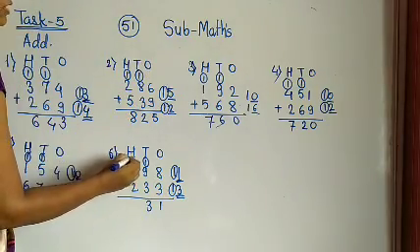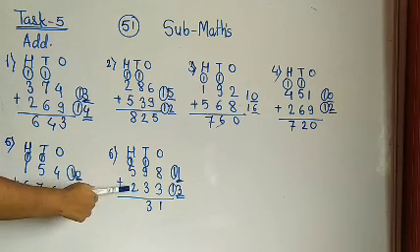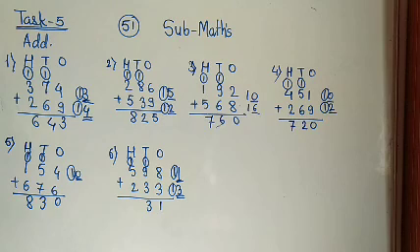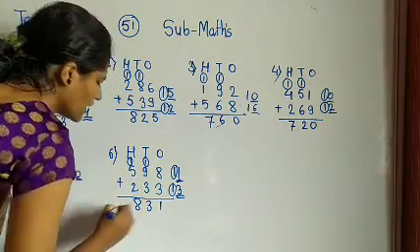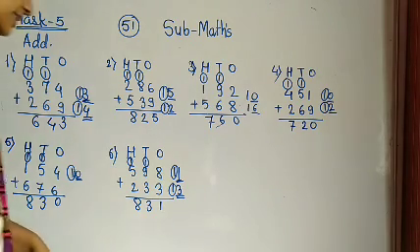So here goes the carry. Now 5 plus 2, after 5 count 2, 6 and 7, and 7 plus 1, 8. So this is the answer. What is the answer? 831. We see seventh one.